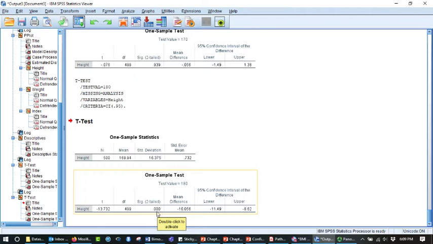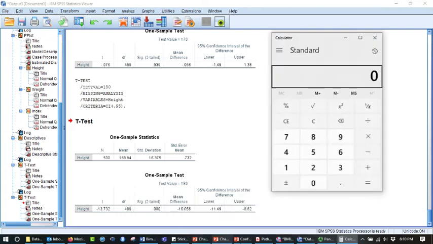And you never report your p-value as 0.000. You always put a 1 there because this is just giving us 3 decimal places, and it's never 0. You just put 0.001 or 0.1, either way. All right, and then we can see that both of our limits are on the negative side of 0, so we know it's different than 0, so it's significant. And then here's our mean difference. So let's calculate our Cohen's d. I'm going to pull up my calculator.